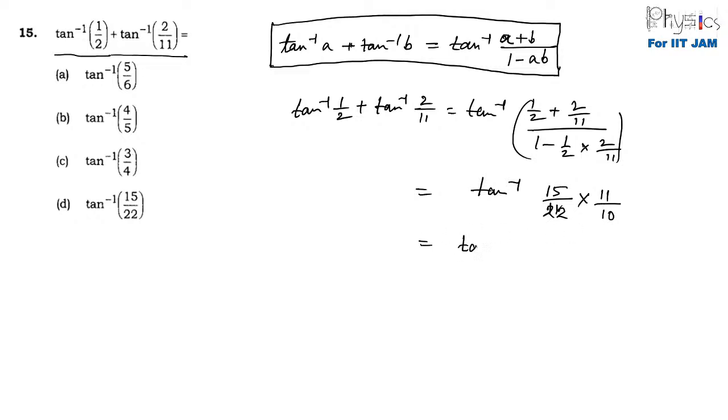So it becomes tan inverse 15 by 20, which is equal to tan inverse 3 by 4. In this case, our option is C, tan inverse 3 by 4. This is the correct answer for this question.